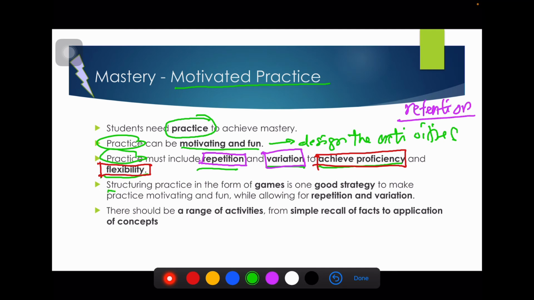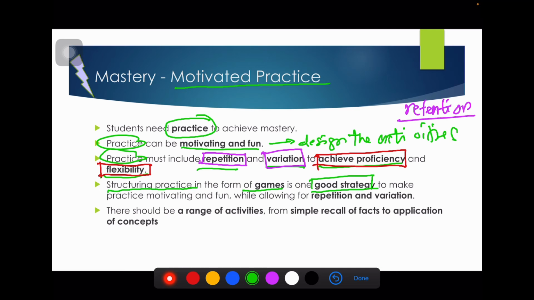Now, structuring practice in the form of games is one good strategy. Kids like games, teenagers like games. So if you can come up with a game for that particular topic practice, then that is a good strategy.